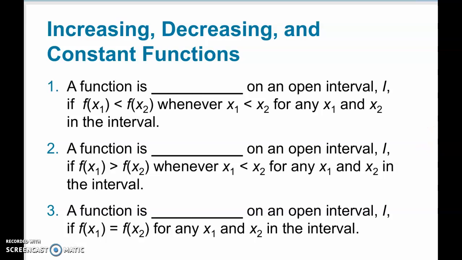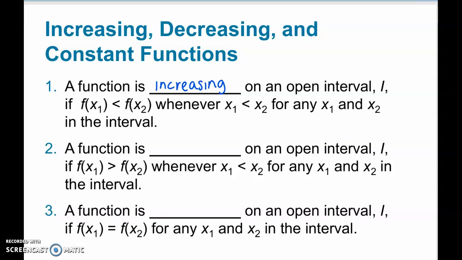So we're going to start here, and we're going to fill in the blanks. And it says here, so this is our definition. A function is increasing on an open interval I if f of x sub 1 is less than f of x sub 2, whenever x sub 1 is less than x sub 2 for any x sub 1 and x sub 2 in the interval.